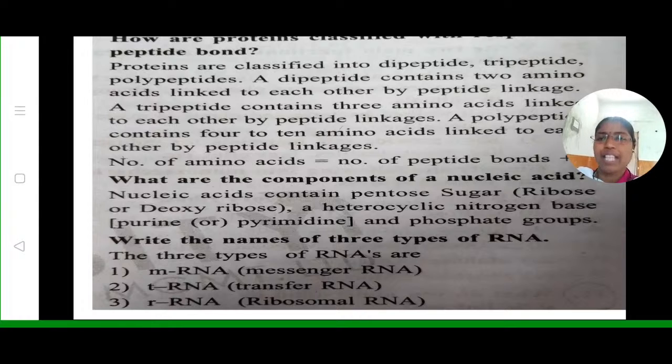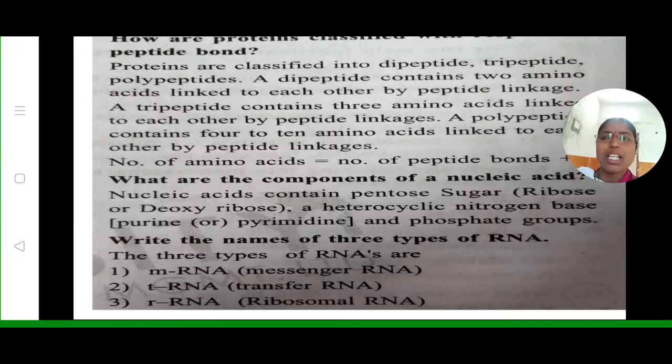Okay, next question. What are the components of nucleic acid? We have already discussed. Nucleic acid has 3 components: pentose sugar, where ribose sugar and deoxyribose sugar are used; a heterocyclic nitrogen base, purine or pyrimidine; and phosphate groups.